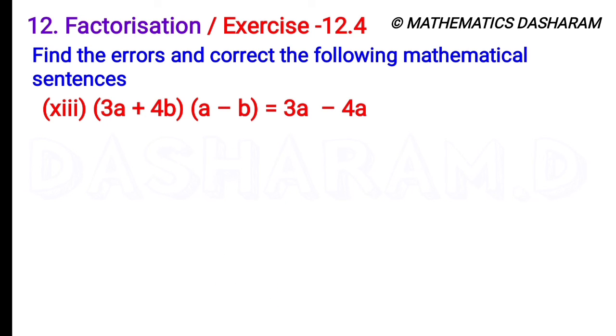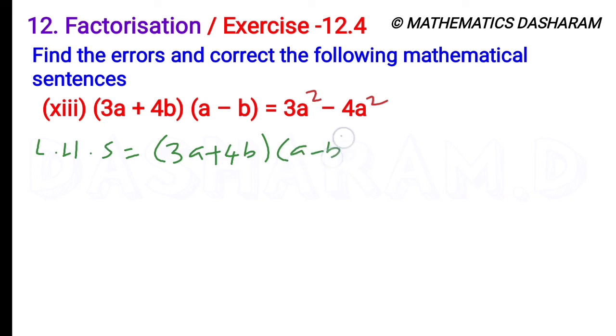13th question: (3a plus 4b) into (a minus b) equals 3a square minus 4a square. Let's take the LHS. So LHS is (3a plus 4b) bracket of (a minus b). So it is a product of two binomials.